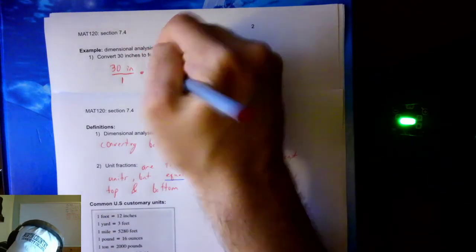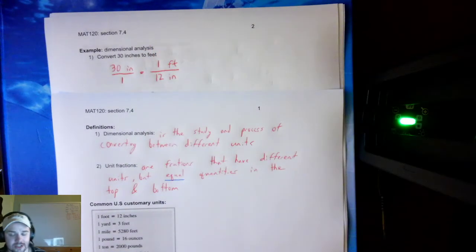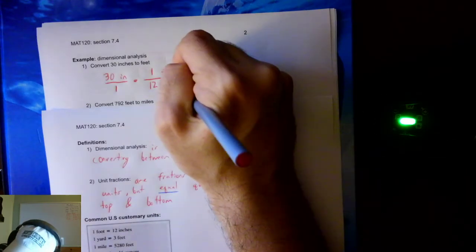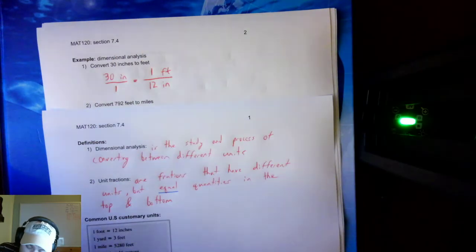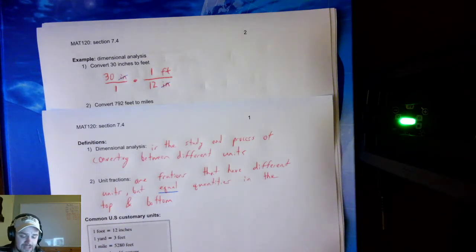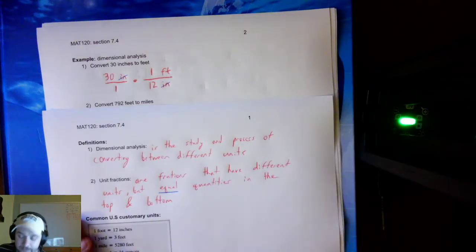Now, 1 foot is 12 inches, so I'll put 1 foot and 12 inches, right? I need to make sure I respect the values. And now, notice inches will cancel, because inches are in both the top and the bottom of my fractions. I'm canceling out the unit inches to leave myself with the unit feet.